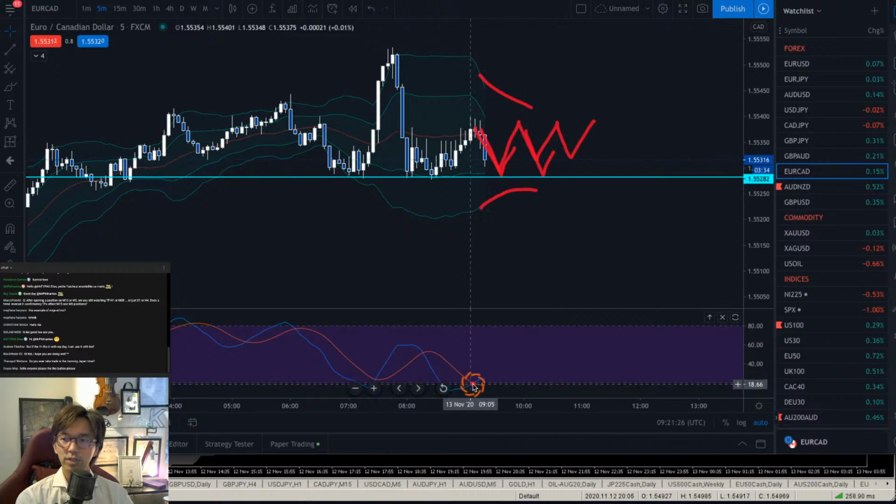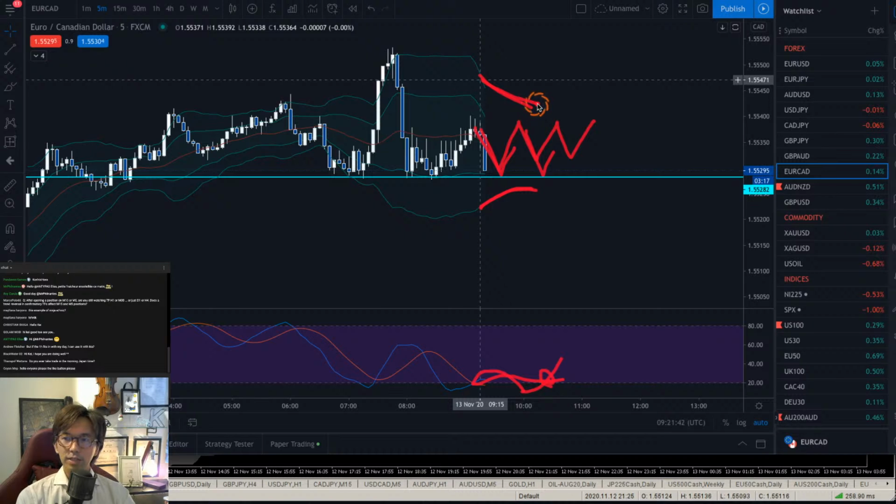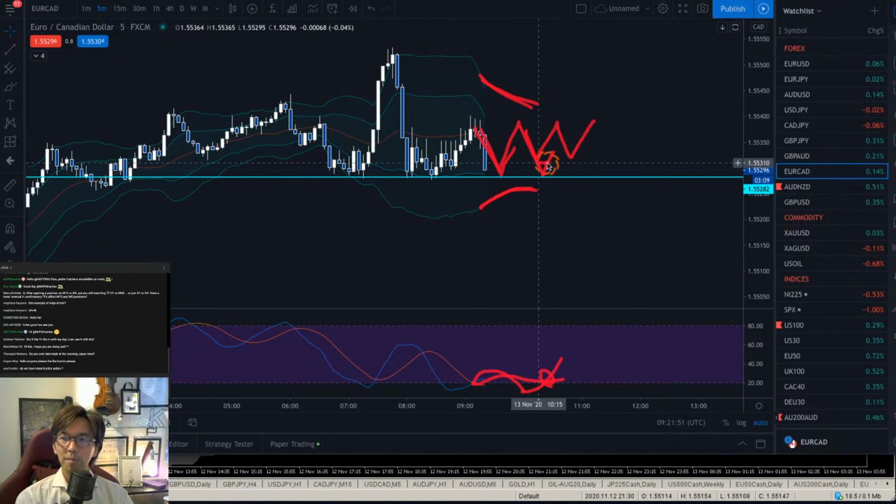And also Stochastics might dead cross, and then it might gold cross again. That can be another scenario. So if I find this Stochastics gold cross in the 5-minute, and also Bollinger Bands more squeezed like this, and also the market range supported by this level of the 1.5528 area, then that will be a buy over here.